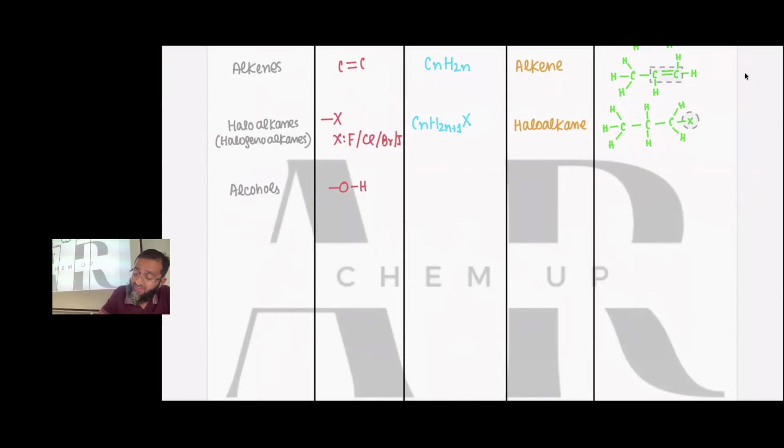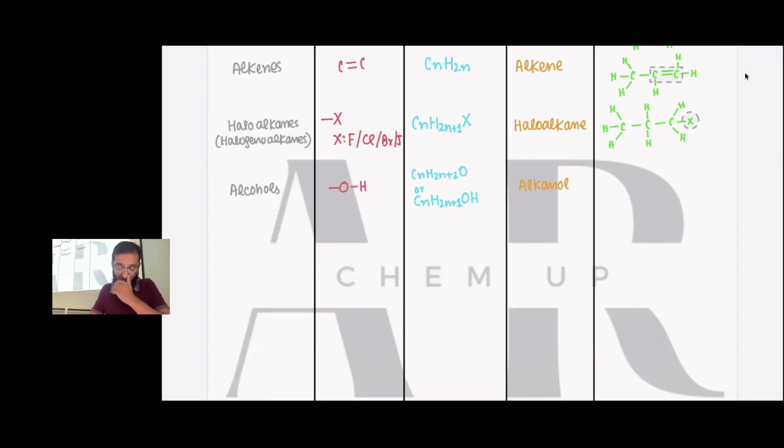The general formula. So alcohol's got two general formulas. One is CnH2n plus 2O, or CnH2n plus 1 OH. The general name for alcohols would be alkanol. Yep. Alkanol. Okay.